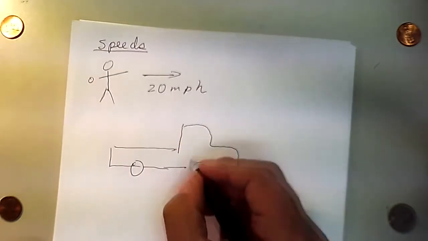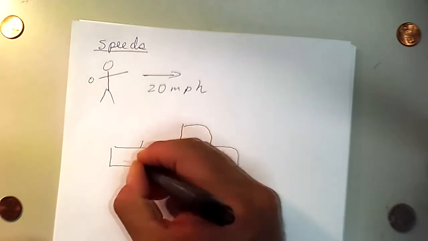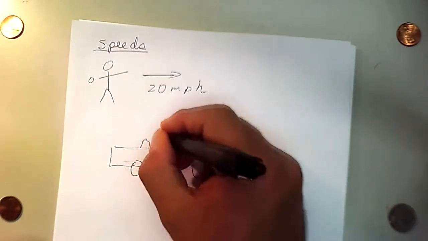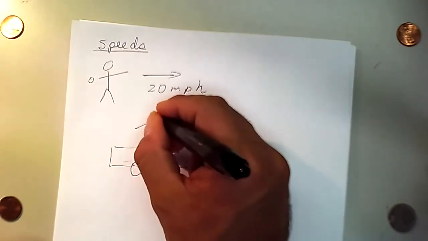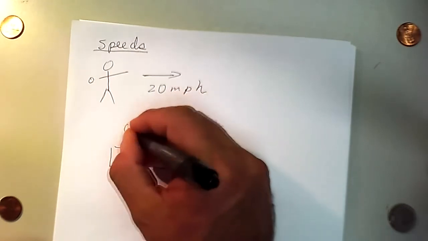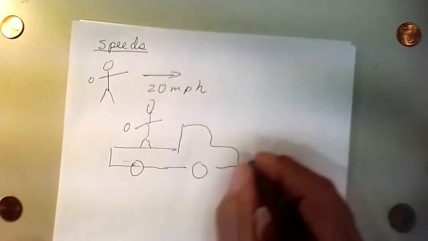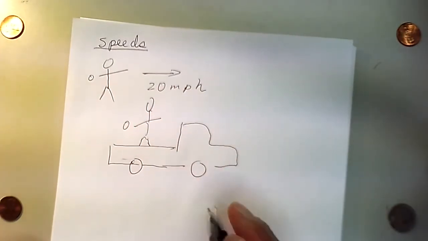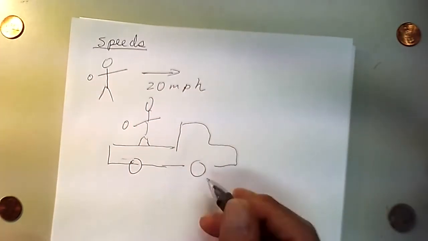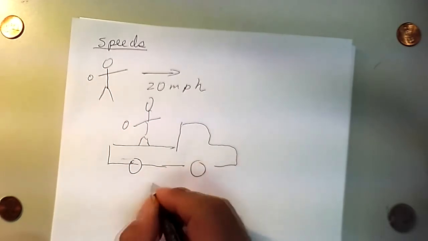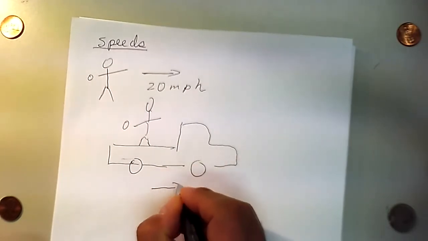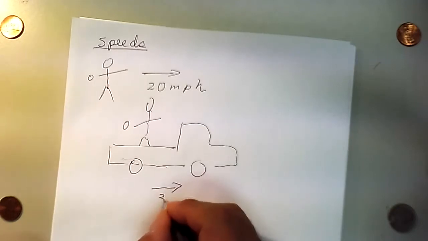And so the bed is down here, so the legs, and then you're here, and you're throwing the ball forward, same ball and same everything, the same person. Again, this is not safe, so don't do it. This is just an experiment. Let's say that the truck is going forward at 30 miles per hour.